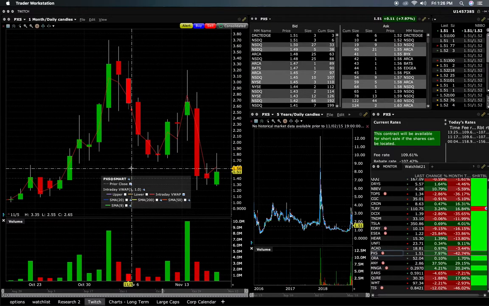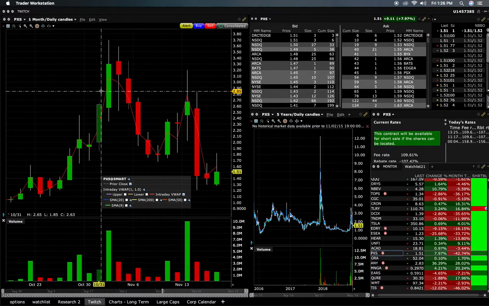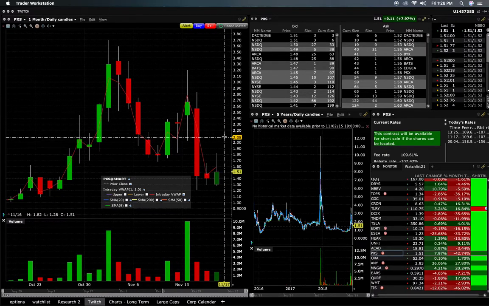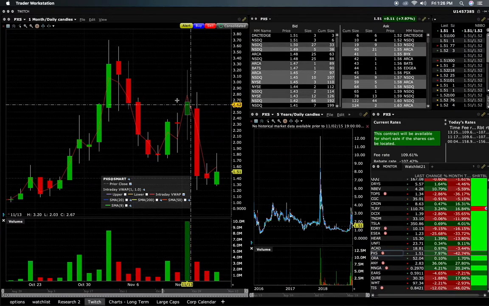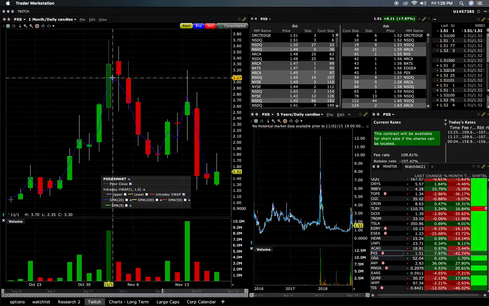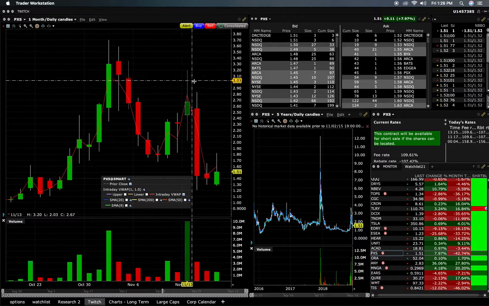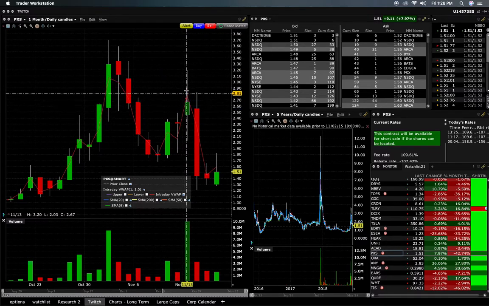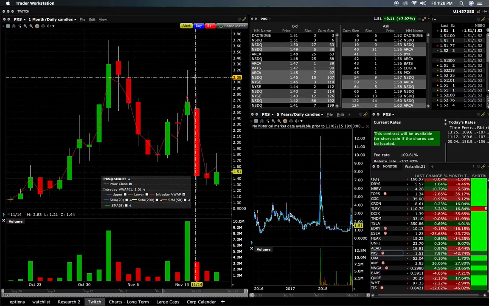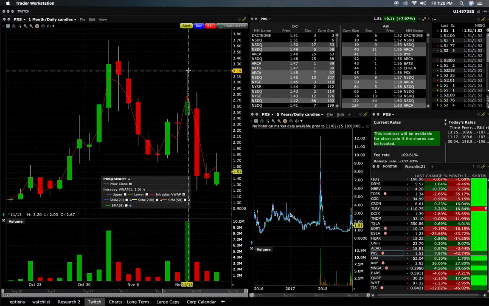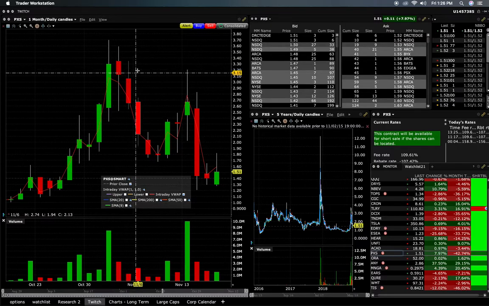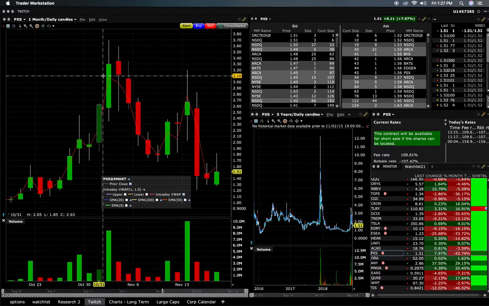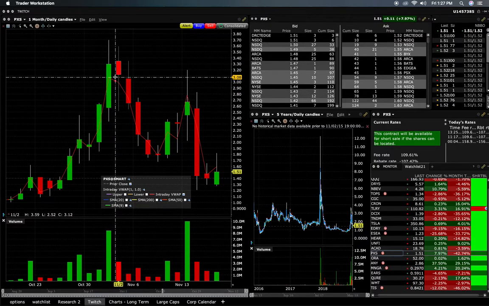If you're trading PXS and you want to smack it on the backside for a short, you can use this 308, 310 area, and when this stock is ripping on volume, you can have a little bit more confidence and risk a little bit more, because you know there are people unloading shares from these days, since we know the volume weighted average price is 308.